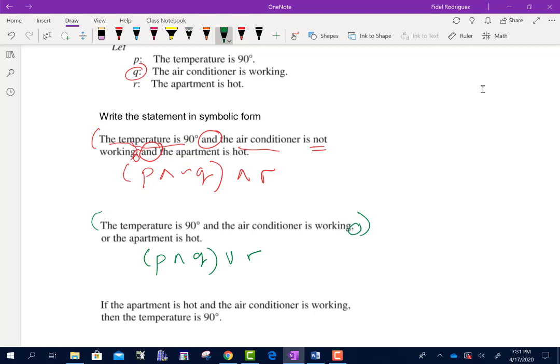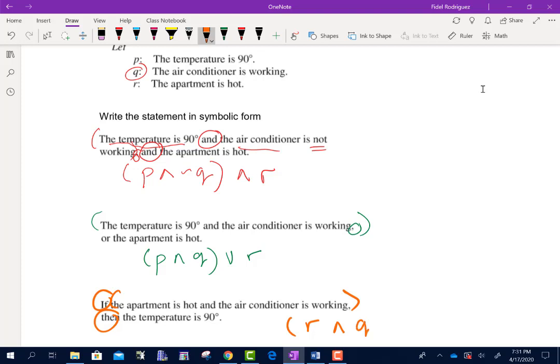Okay. Let's see. Then for my third one over here, it says if, then, okay, if the apartment is hot and air conditioner working. Here is my parentheses. So I'm going to put parentheses. The apartment is hot and the air conditioner is working. The apartment is hot is R, and up arrow, the air conditioner is working.